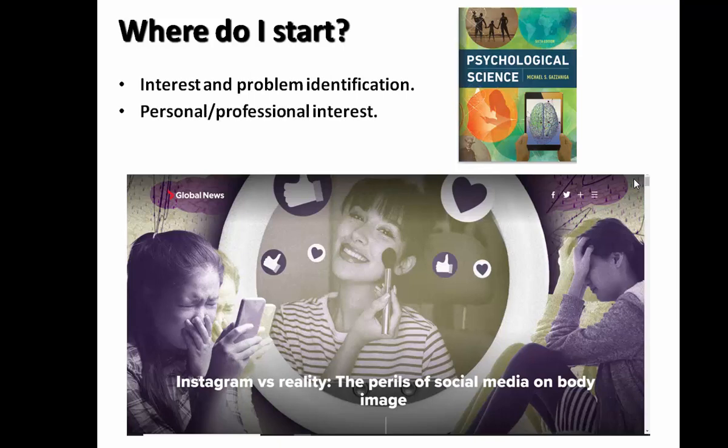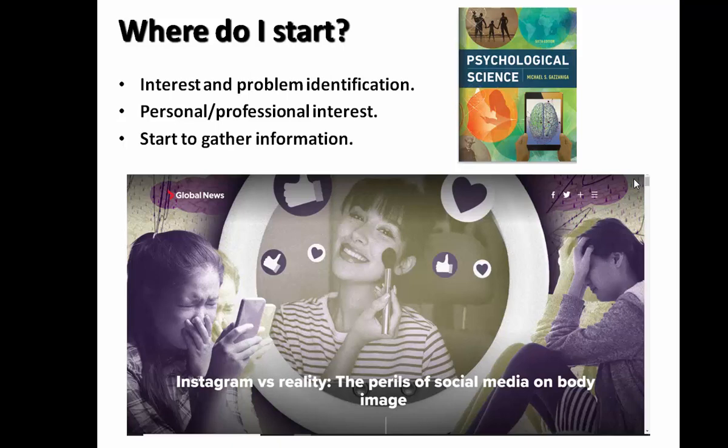Oftentimes, the research project is initiated through personal and professional interest, and it always begins with the gathering of information. And at this stage, the researcher should cast a very wide net in gathering up information from whatever sources possible at the very beginning.